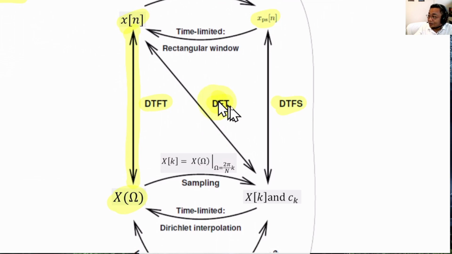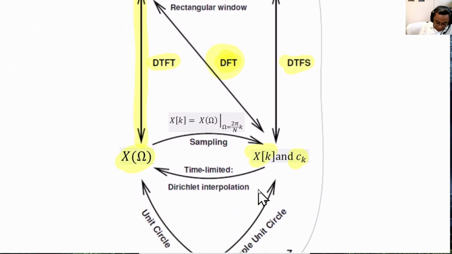And when we apply the DFT, we are actually pretending it to be a periodic sequence. So remember, DFT is operating on x[n] directly, N samples, but actually it is pretending it to be periodic. So it gives X[k], and c_k's are basically almost the same thing, at least for that N sample.